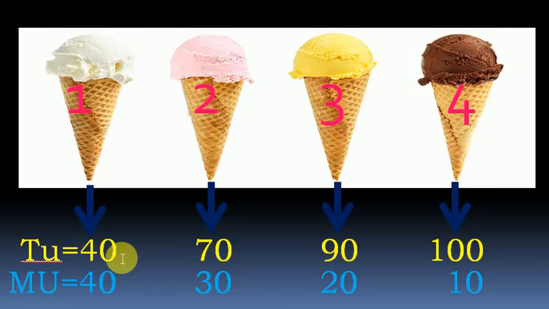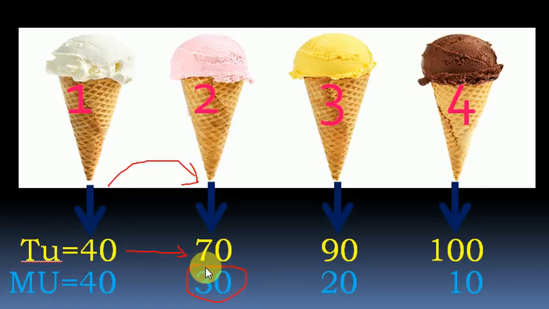Here the change in total utility is 30 utils. We can see that when Mr. X consumes an extra unit, from the first ice cream to the second ice cream, the change in total utility is 30 utils. So the marginal utility of the second ice cream is 30 utils.